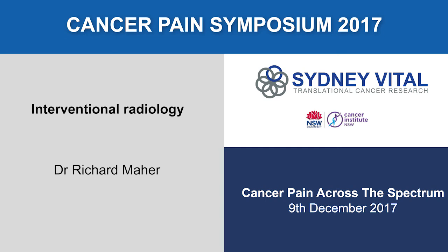Particularly used in hypervascular metastases, so RCC, thyroid and HCC, classical METs. And I'll also talk briefly about surspheres just to show you an example of that. That's used for subcapsular pain related to primary liver tumours and metastases.